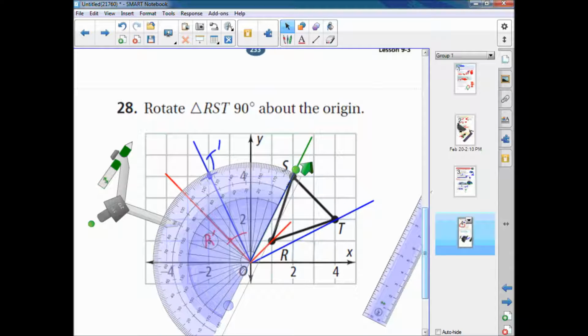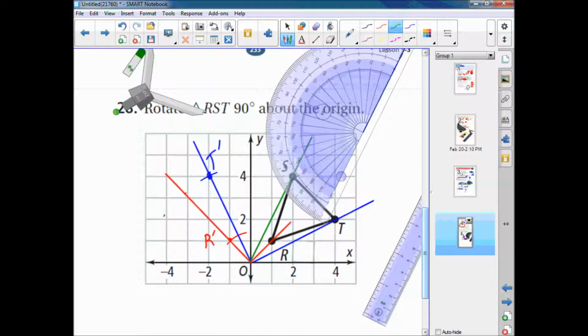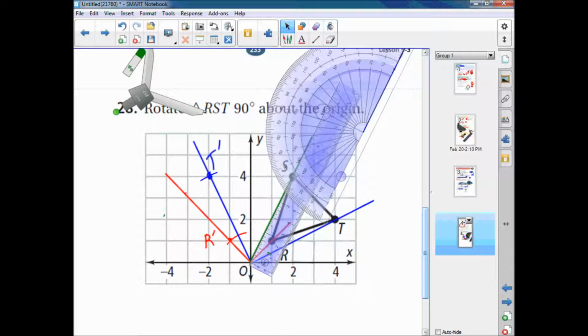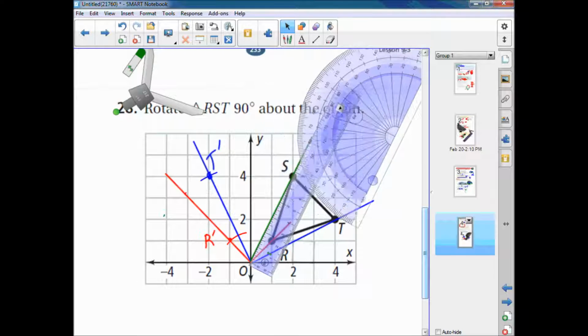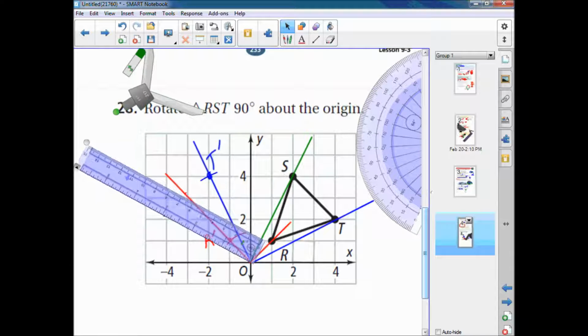All right, so 90 degrees is going to be right here. We do need that straight edge one more time to draw in that part. All right, so there's our 90 degrees.